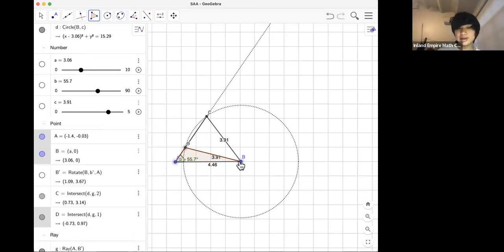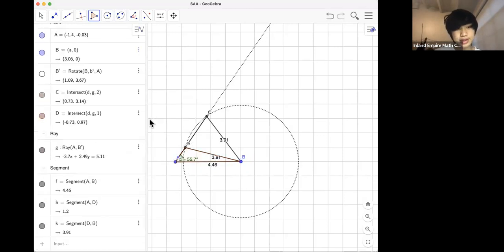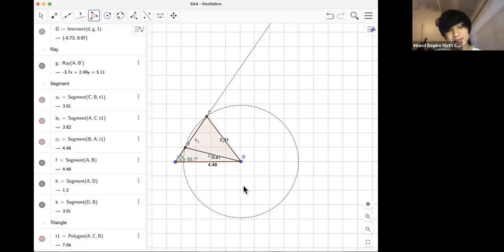But we also have another triangle, ACB, which has a side length of 4.46, a side length of 3.91, and an angle of 55.7 degrees opposite the 3.91 side. There are 2 possible triangles that you can form if you are given this sort of side-side-angle information.